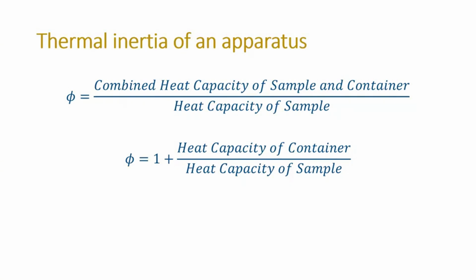That can be rearranged to be 1 plus the heat capacity of the container divided by the heat capacity of the sample. A phi factor approaching 1 represents less thermal inertia. For large reactors, phi is approximately equal to 1.1. For the types of calorimeters presented in the Crowl-Louvar textbook, the phi factors range from 1.05 to 1.5.